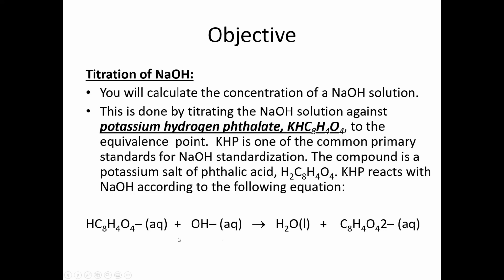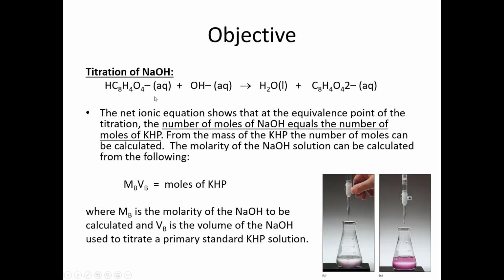Once we have this quantitative relationship and we know how much KHP we have in the solution, we can calculate the moles of KHP. And once we know the volume of sodium hydroxide that's titrated, then we can calculate the concentration of sodium hydroxide. Based on that reaction, the moles of KHP equal the moles of sodium hydroxide, right?